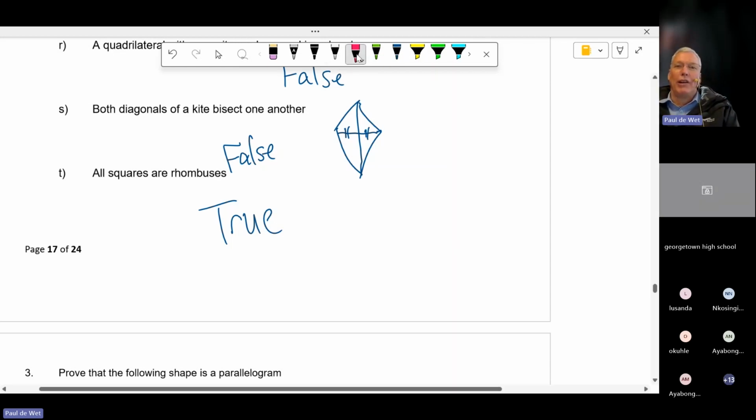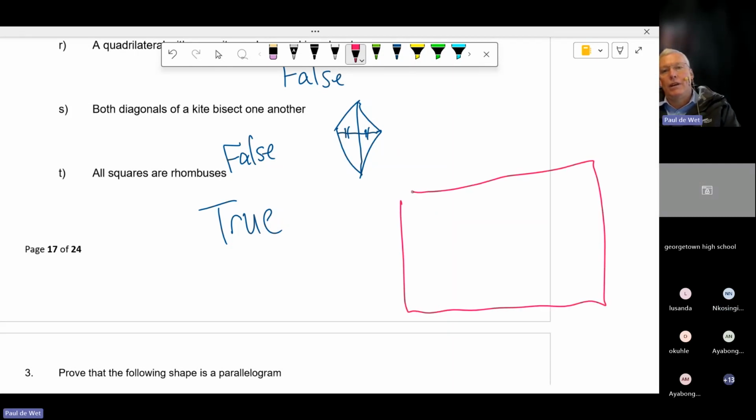Right, guys, I want you to just listen here. I'm going to draw another little picture for you, and you might want to get this down at the bottom of page 17. Of our quadrilaterals, inside here we've got parallelograms.